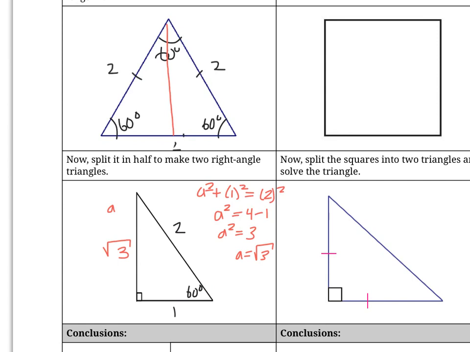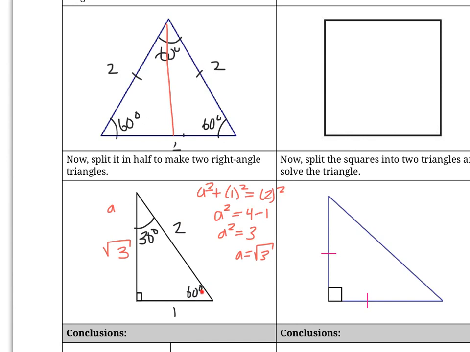So that means that this angle that's left over must be 30 degrees. So we can add also that this is 30 degrees. So now taking a look at this triangle, we can find the sine, cos, and tan of 60 degrees and 30 degrees because we have each of these sides of a right angle triangle that has 60 and 30 degrees in it.